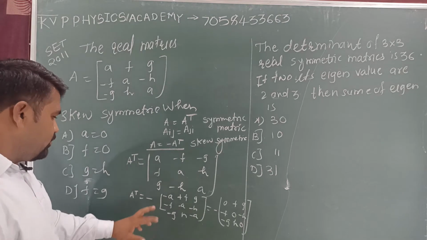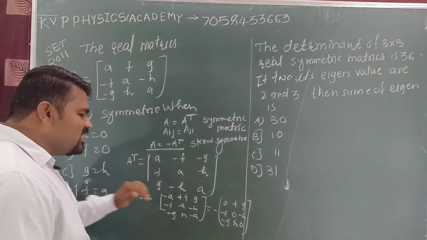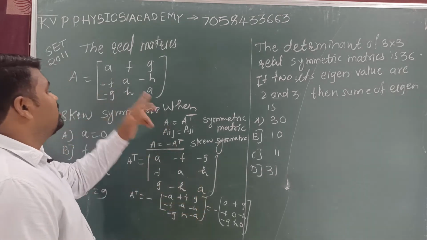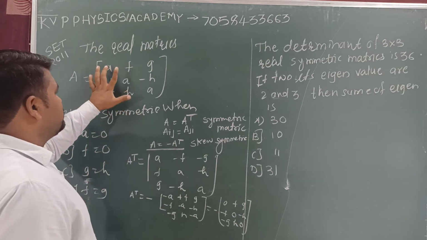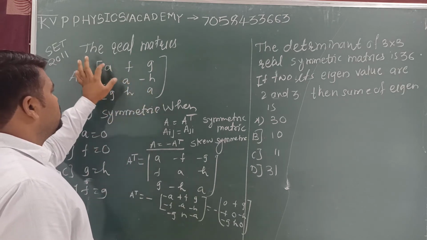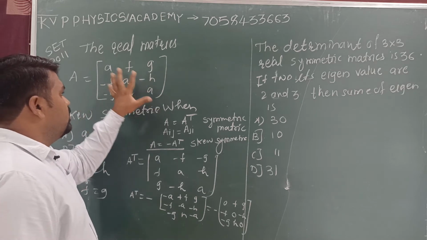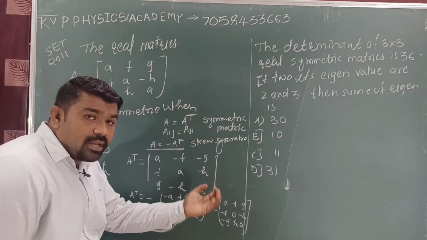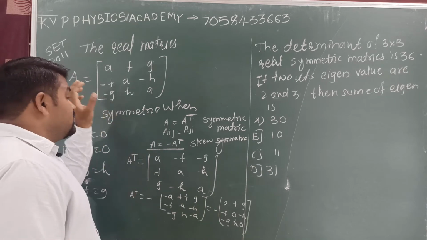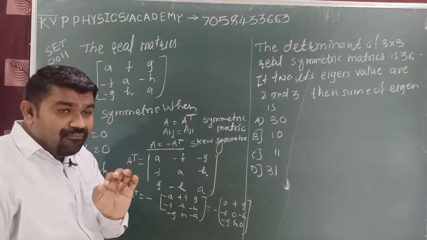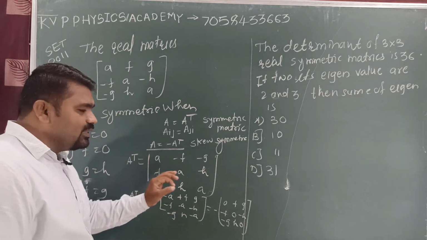We can transpose this matrix and take the minus sign common out. Again the two matrices look the same. Here also we substitute 0, 0, 0: 0, F, Z, minus F, 0, minus H, minus Z, H, 0. The same replacement is here, and we can take the minus common out. This property will be satisfied if we substitute A is equal to 0 in this case.